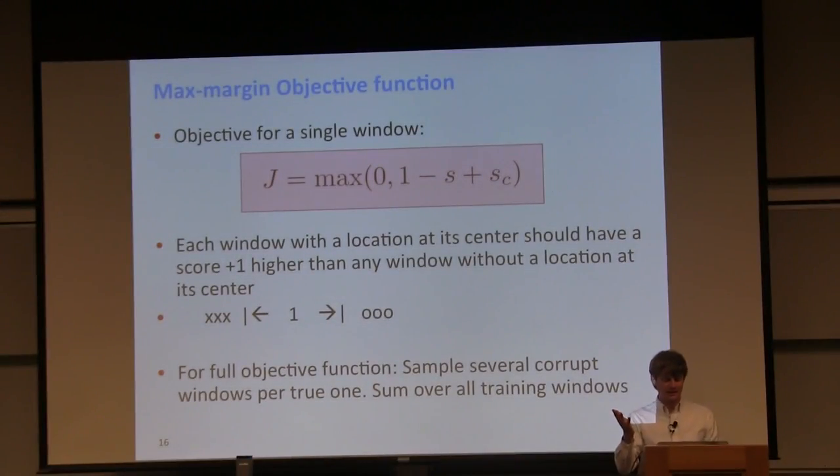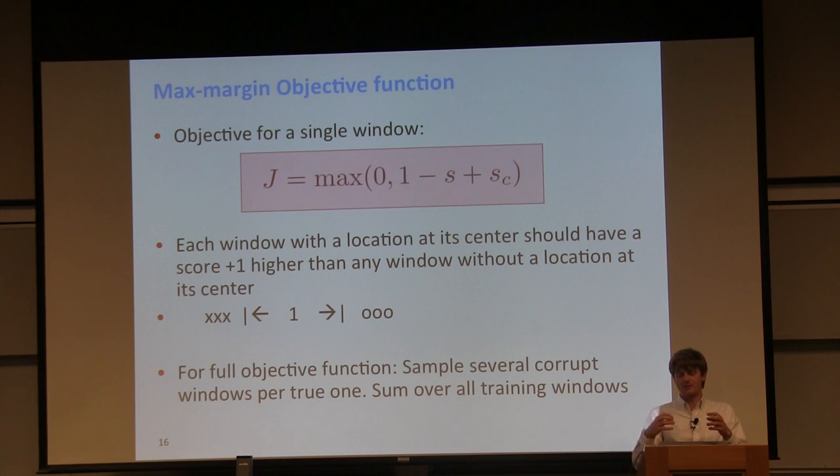Okay, now there's no magic here. We'll basically just take derivatives of this kind of function in order to optimize this neural network with the max margin objective function. Are there any questions so far? Okay, so that is just the objective for a single window.